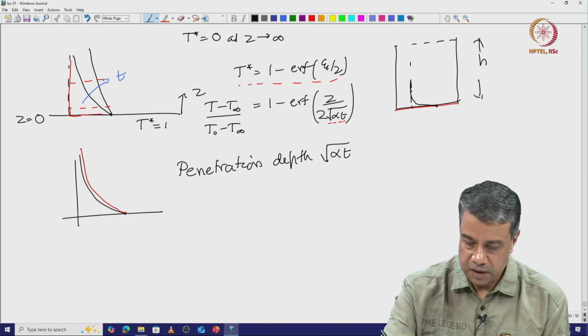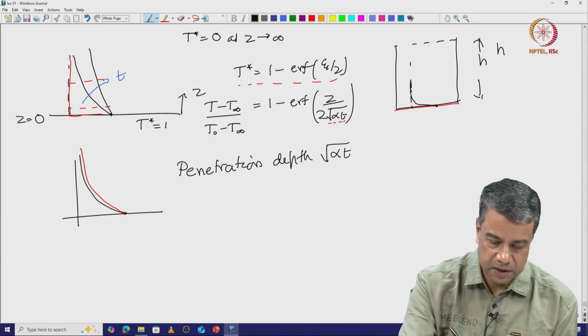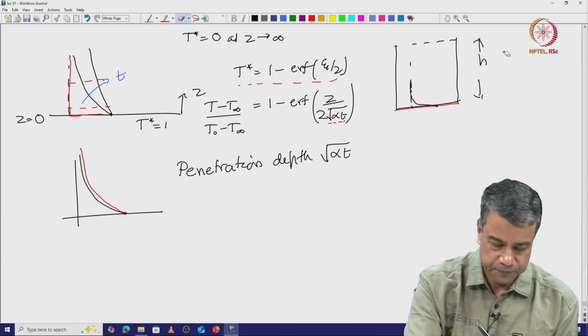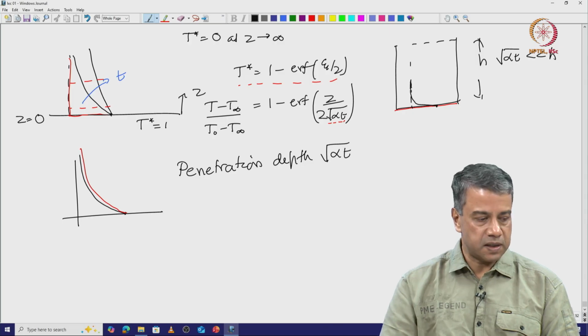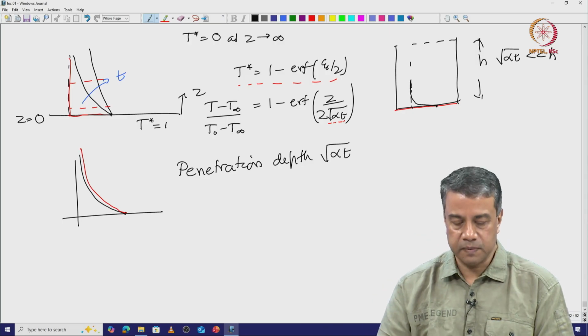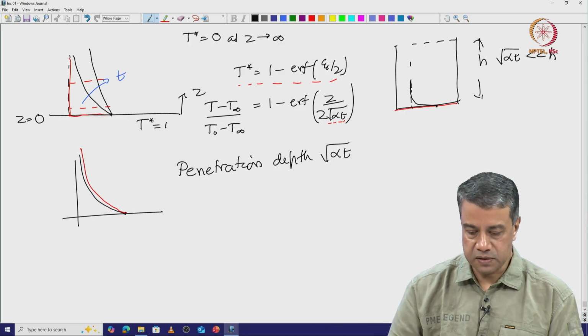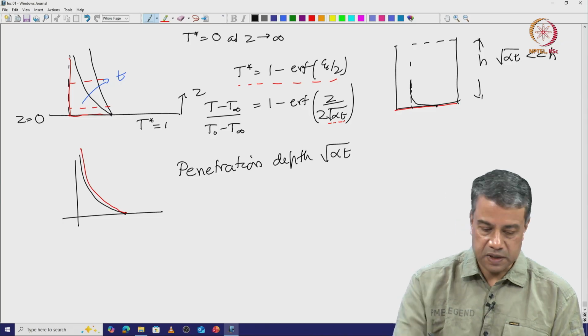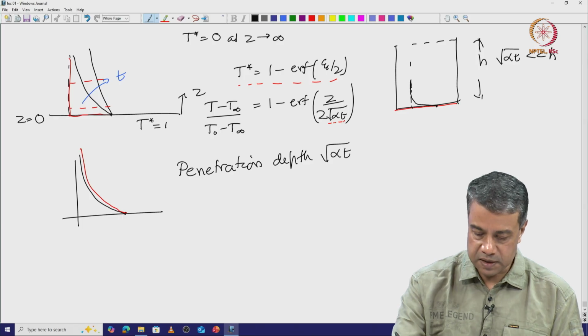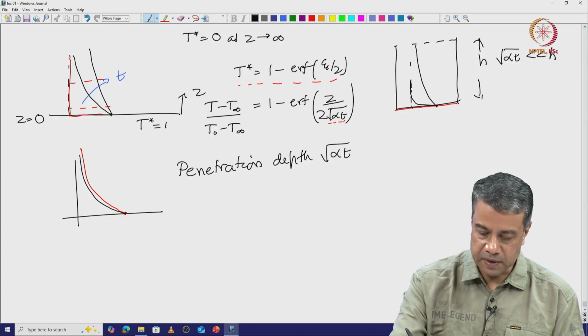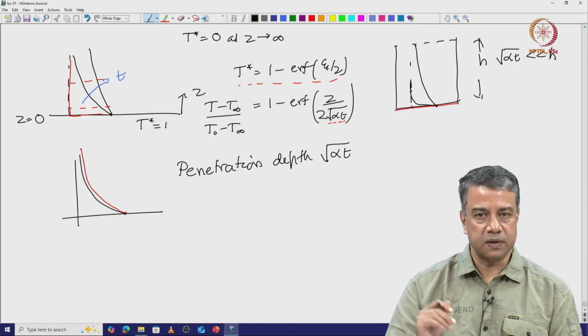So, so long as the penetration depth, root alpha t, is much smaller than h, I can still approximate it as diffusion into an infinite medium, and I can still use the similarity solution. Of course, at very late times when root alpha t is comparable to h, it penetrates all the way to the top, to the height h.